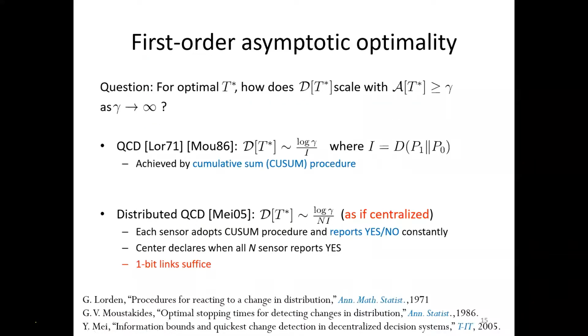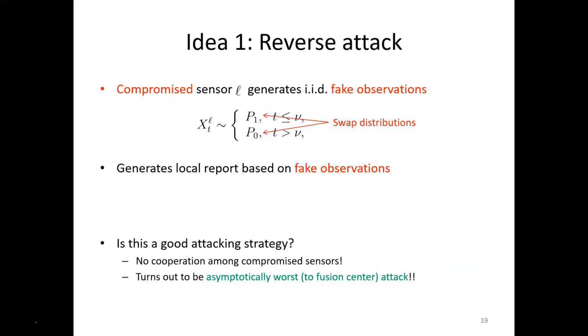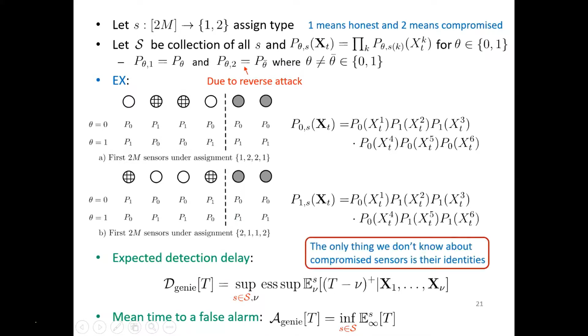But after all this, we already know how the compromised sensors behave. So the only thing we don't know about the compromised sensors is their identities. So we can replace the sup over G with the sup over S, and similarly here, because that's the only thing I don't know about the compromised sensors. That's the Genie-aided BDQCD, and we know that this will serve as a lower bound for the original BDQCD.